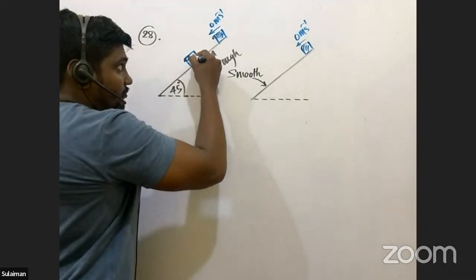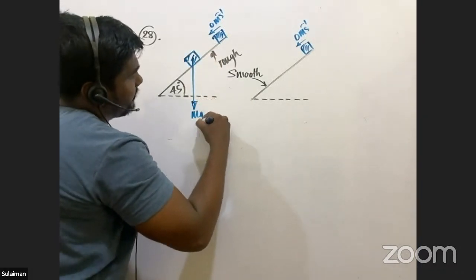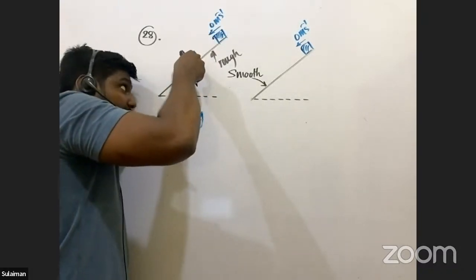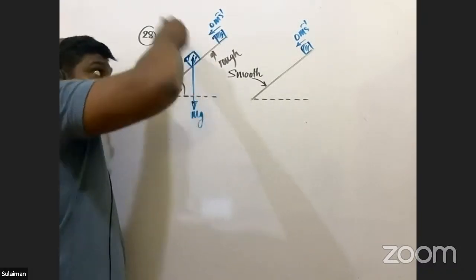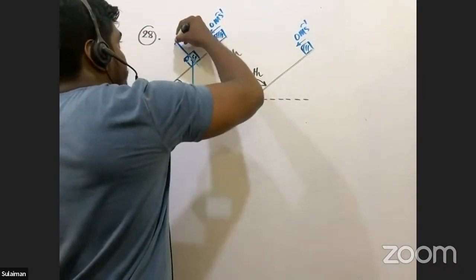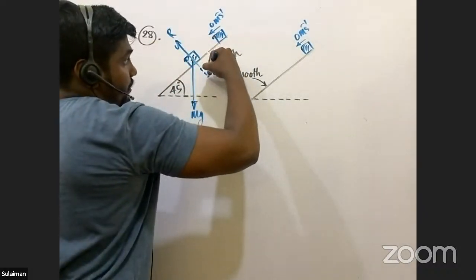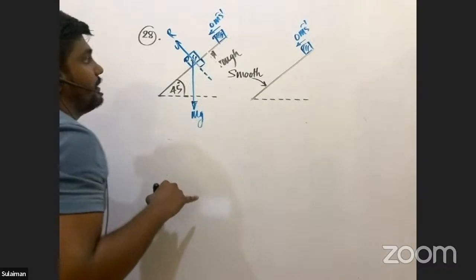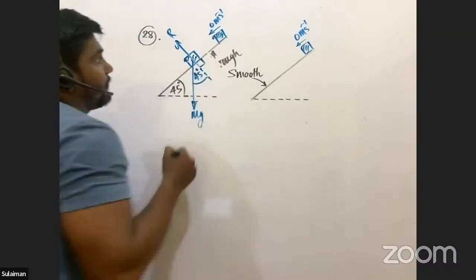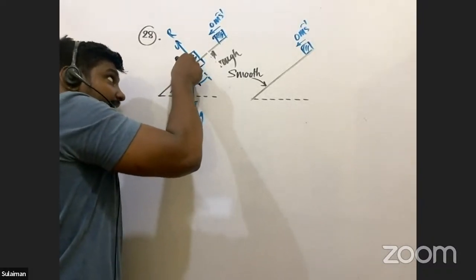Definitely weight force is acting in the vertical downward direction, mg, and this object is in contact with the plane. There is a normal reaction force, capital R, acting on the object perpendicular to the plane. This angle is obviously 45 degrees. Then weight force and normal reaction force are acting on the object.